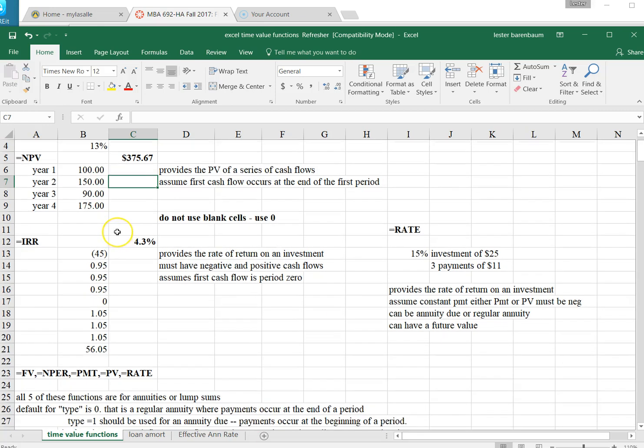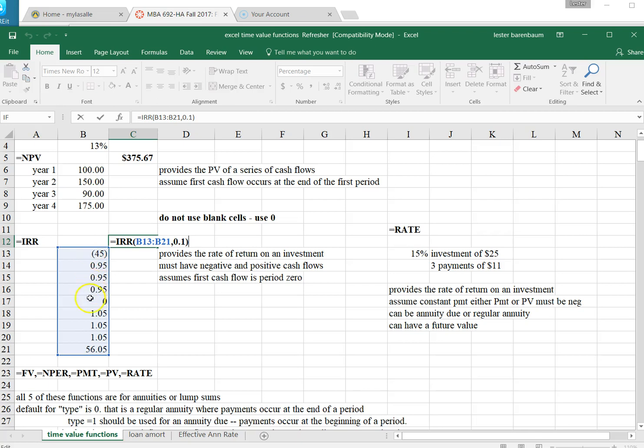The second function we want to discuss using Excel is internal rate of return, or IRR. The general format for the function is just to highlight the block of cells that you want to evaluate.